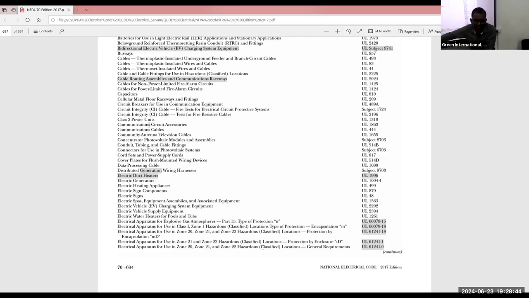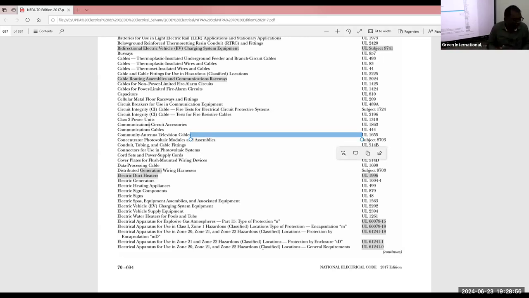So we forget about 70 and all other standards. Chapter 1 introduction, chapter 2 referenced publications, chapter 3 definitions. You can find all the answers from this. Suppose you are not able to find this UL from this data, you refer to the referenced publications, where you can get the details.